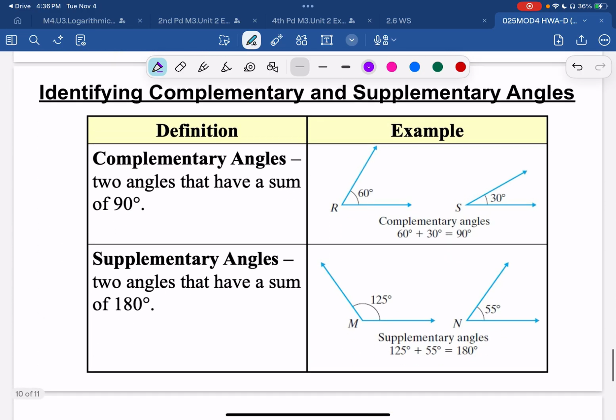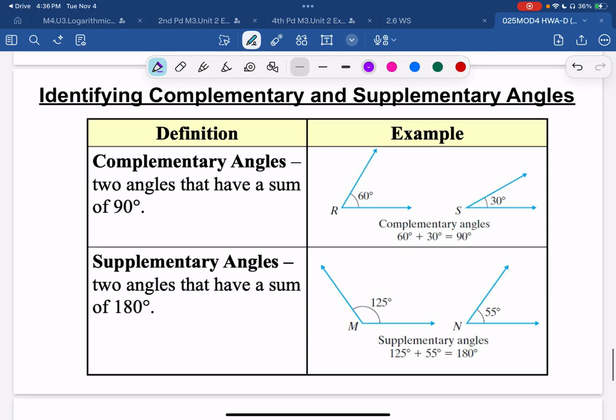Okay. The next two terms we're going to look at are what's called complementary and supplementary. Complementary angles are two angles that have a sum of 90 degrees. So that means that when you put them together, they're going to form this 90-degree angle. So if I combined 60 degrees and 30 degrees, this is 60 and this is 30, together they would make 90.